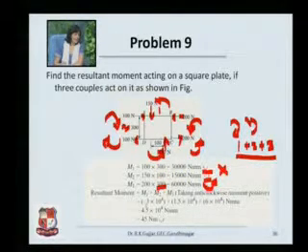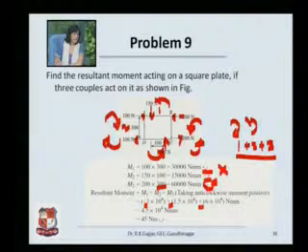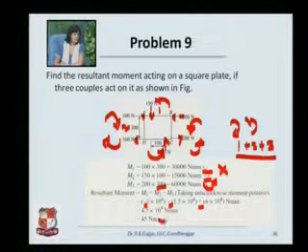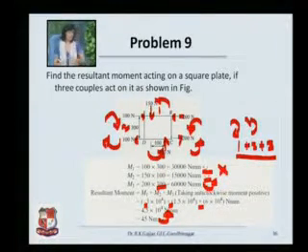So we have a clockwise couple minus anti-clockwise plus anti-clockwise, and once again the resultant couple is 45 Newton meters in the anti-clockwise direction.